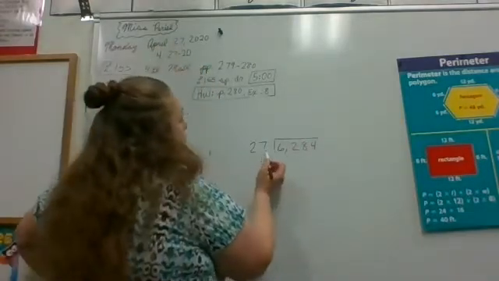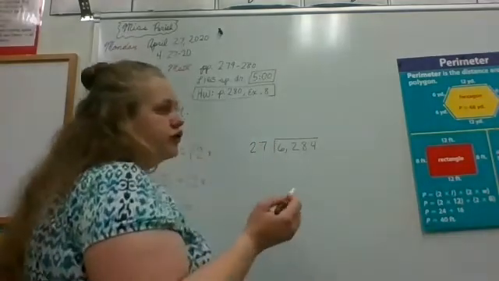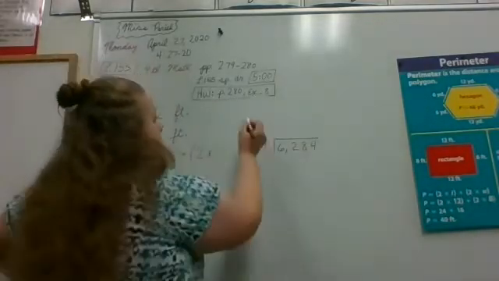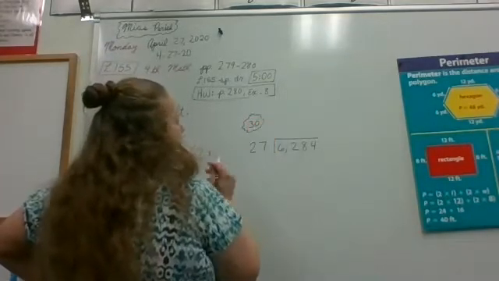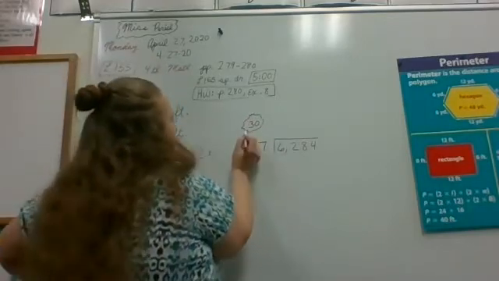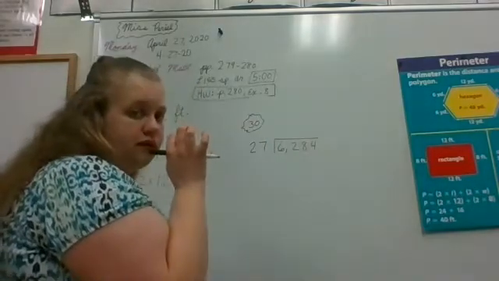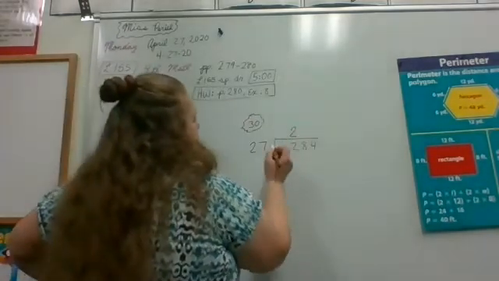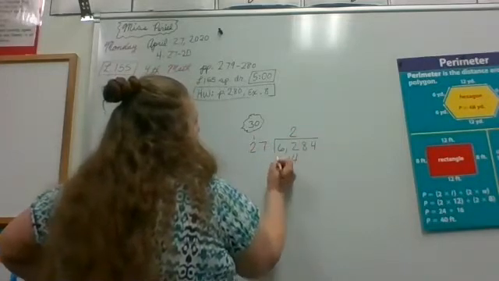Okay, so we would think, okay, we'd say, is 27 closer to 20 or is it closer to 30? It's closer to 30. So we put it in, remember our thinking cloud that I'm not very good at drawing, it's okay. But we put it in our thinking cloud and we say, okay, 3 goes into 6 how many times? It goes in twice, right? So let's try 2. 2 times 7 is 14. 2 times 2 plus 1 is 5.